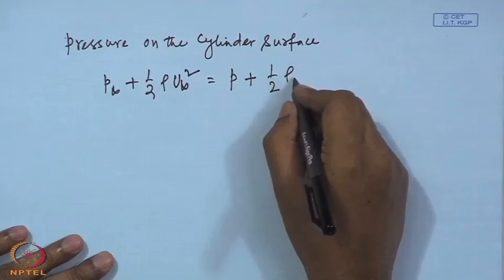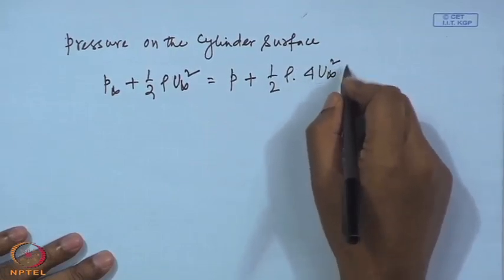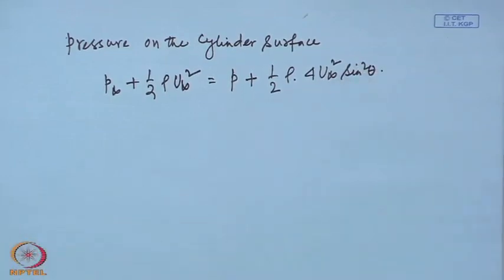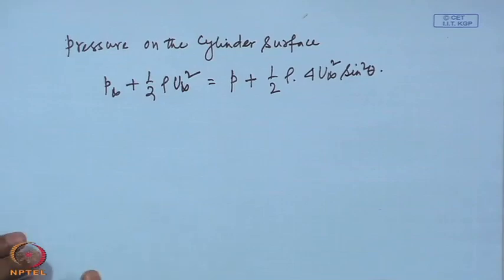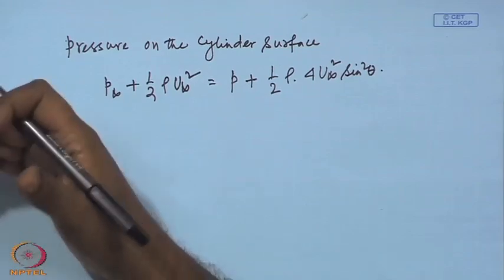And what is u theta square? 4 u infinity square. It is usual to find pressure in terms of pressure coefficient, or rather in aerodynamics when someone says pressure, he actually means pressure coefficient.